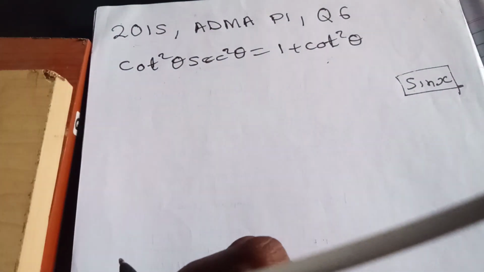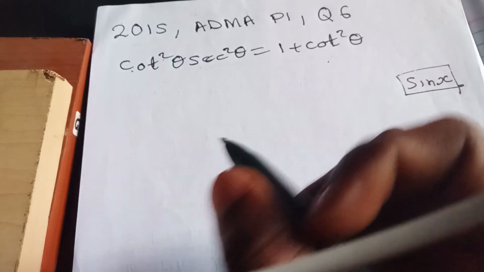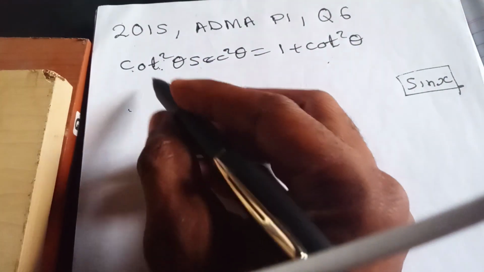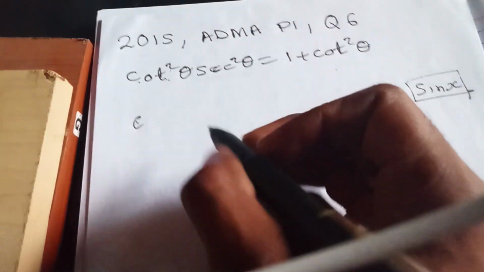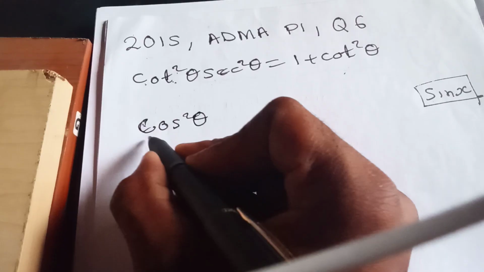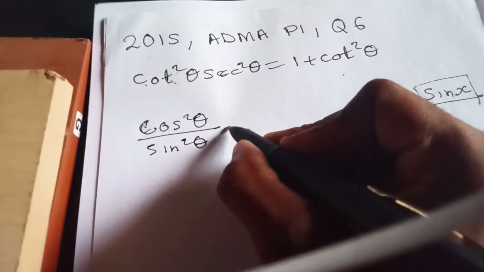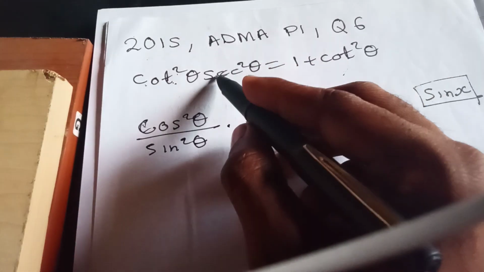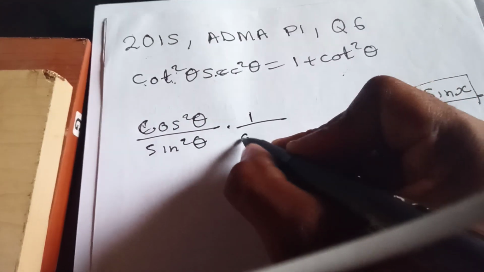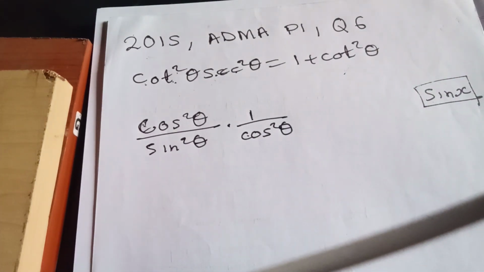Let's see. So cot squared theta by definition is the reciprocal of tan. So this is the same as cos squared theta over sine squared theta multiplied by sec squared theta, which is the same as 1 over cos squared theta.